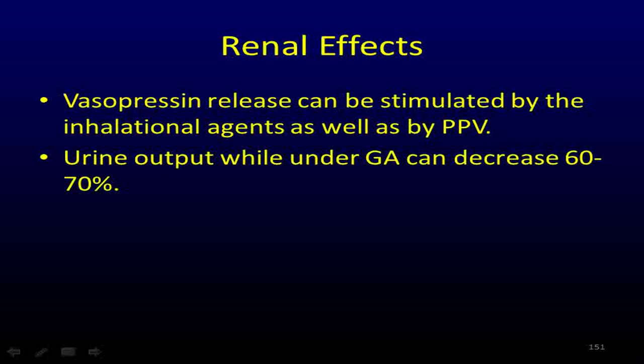I'm forcing oxygen, air into your body, and I'm actually increasing your intrathoracic pressure. Now I inhibit preload, decrease cardiac output, and thereby decrease perfusion. If I decrease perfusion, what happens to my GFR, my glomerular filtration rate? It will go down. And what will happen with my urine? It will go down.